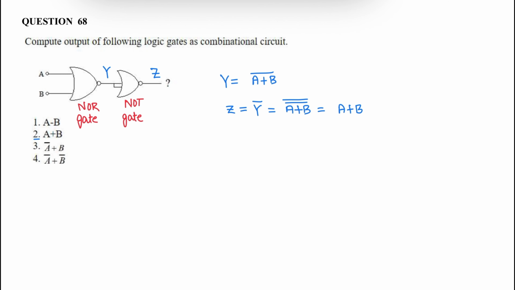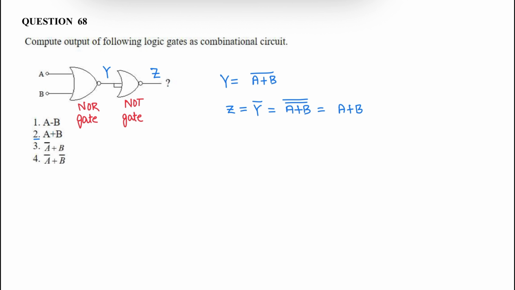Question number 68. Compute the output of the following logic gates as a combinational circuit. Here the inputs are A and B and we need to calculate the output. Let the output be assumed as Z. The first gate is a NOR gate and the second gate is also a NOR gate with inputs tied together, therefore it acts like a NOT gate.